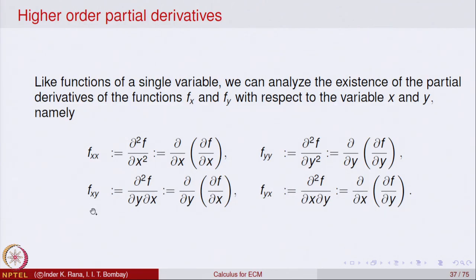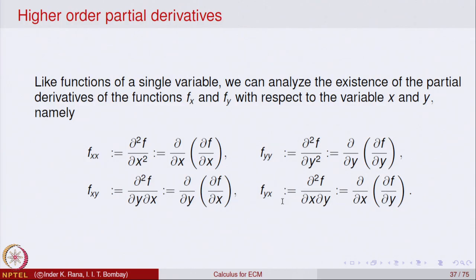These f x y and f y x are called the mixed second order partial derivatives, because the variables x and y are mixed here. f x x and f y y are the pure second order derivatives. In general, f x y is not equal to f y x.